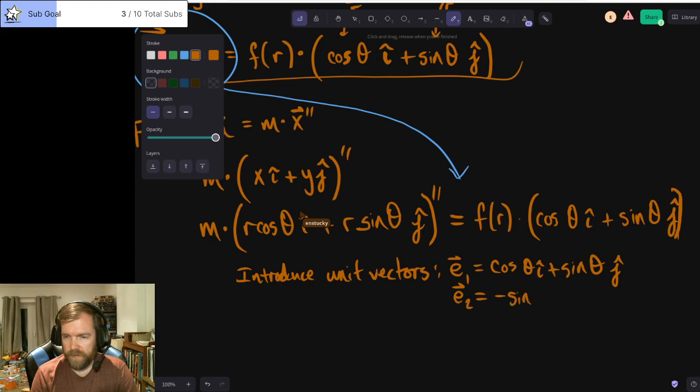So negative sine theta i hat plus cosine theta j hat.